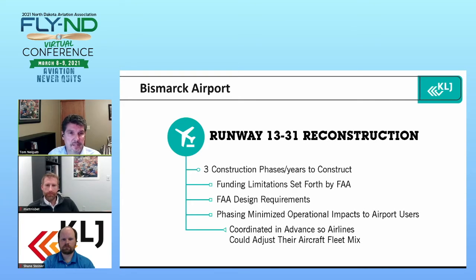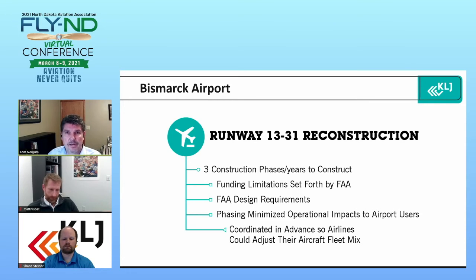And one of the biggest things we had to do as part of that project was decide how to phase it, because we had some limitations. Number one, we had funding limitations set forth by the FAA, who came to the meeting and said, "You're going to get funding over a 3-year window, so plan accordingly."